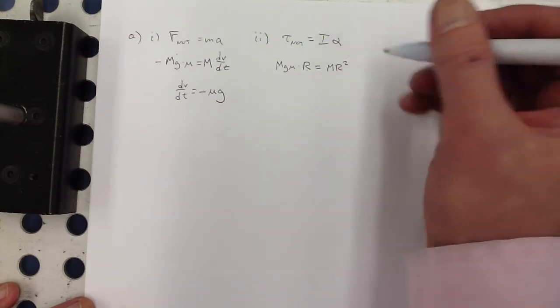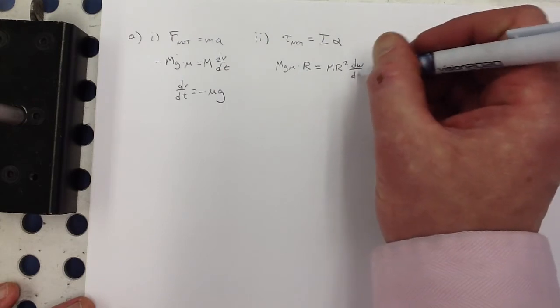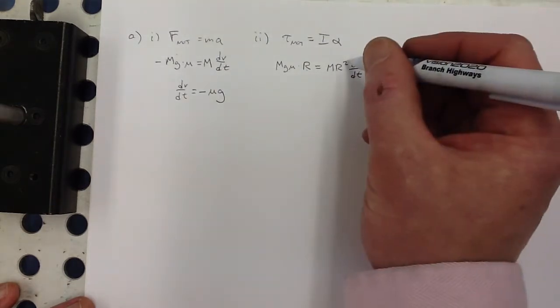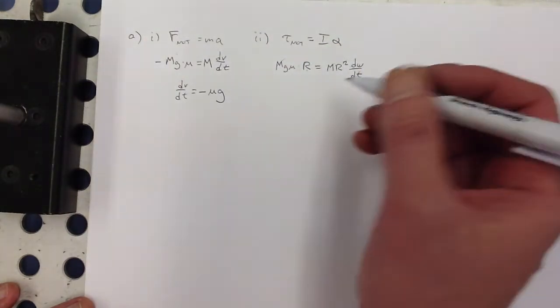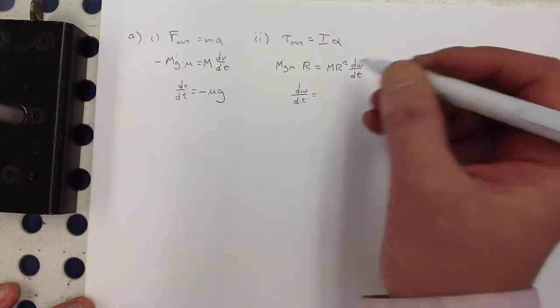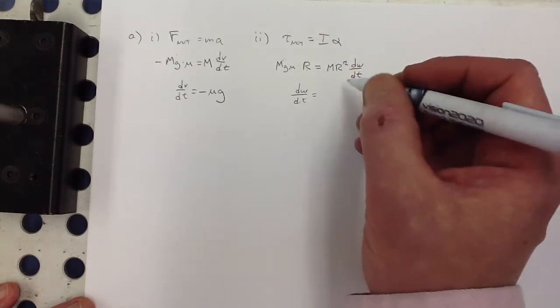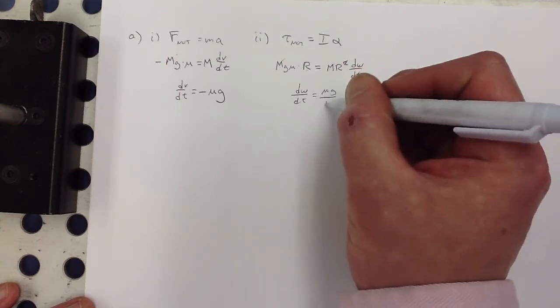The rotational inertia is mr squared, and alpha is d omega/dt. So the m's cancel, one of the r's cancels, and I get d omega/dt is equal to mu g over r.